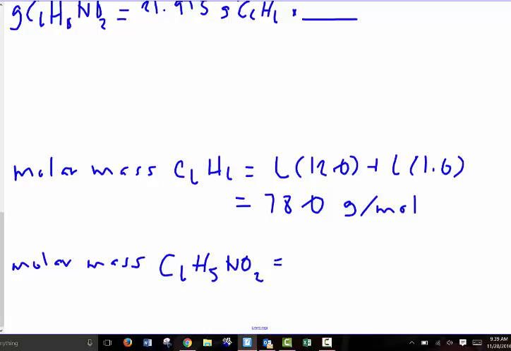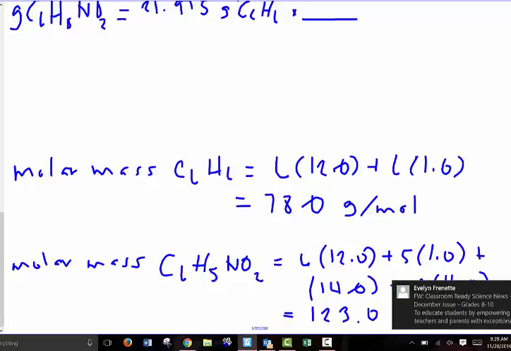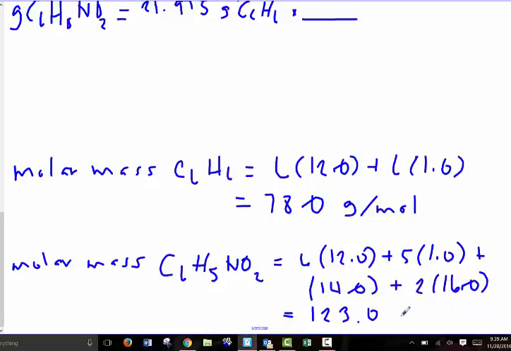Carbon has a mass of 12 grams per mole, plus 5 hydrogens with a mass of 1 gram per mole, plus nitrogen, just 1, and nitrogen has a mass of 14, plus 2 oxygens, and oxygen has a mass of 16. So the mass of our product comes out to be equal to 123.0, what do we have our sig figs, grams per mole. Okay, so there are 2 molar masses.